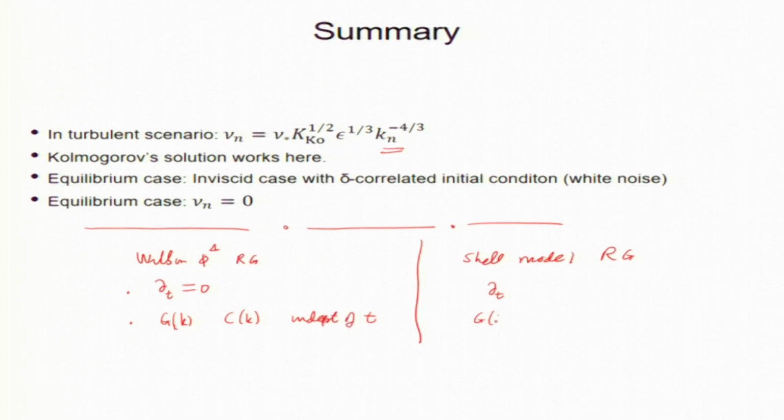Here, g of k and c of k depend on t minus t prime, and they are different functions. One of them was theta of t minus t prime times an exponential, the other one was c of k. They are not the same functions, and they are functions of time.